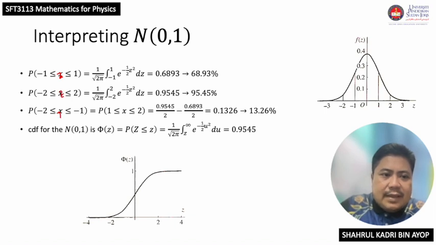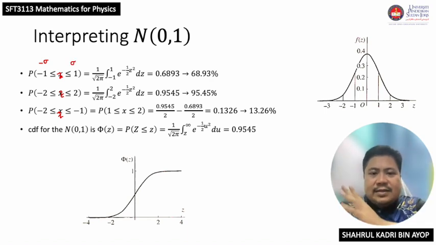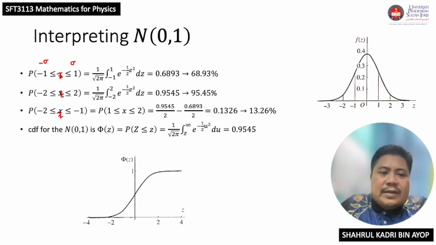This is for the standardized normal distribution, so we use z. When we want to calculate the probability between -1 and 1, where -1 and 1 are sigma, the standard deviation, one standard deviation to the other one standard deviation, we calculate -1 to 1. Actually we get 0.6893. Where is it actually? This is the area under this graph.